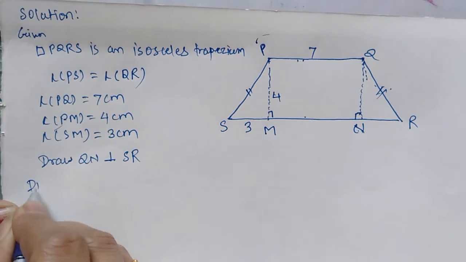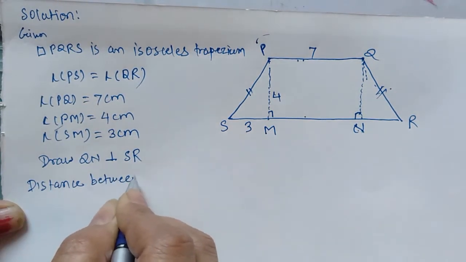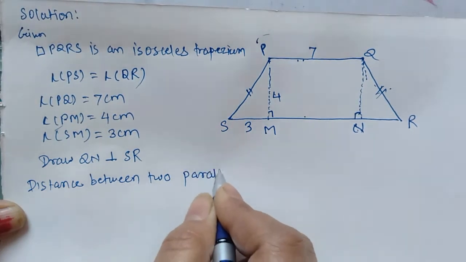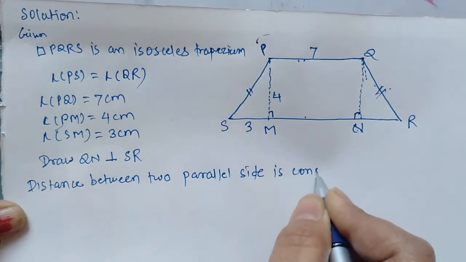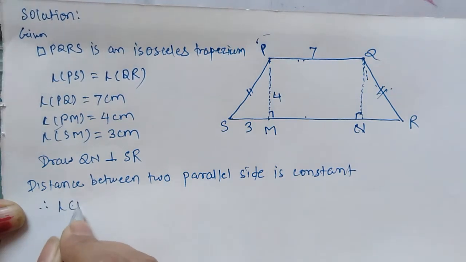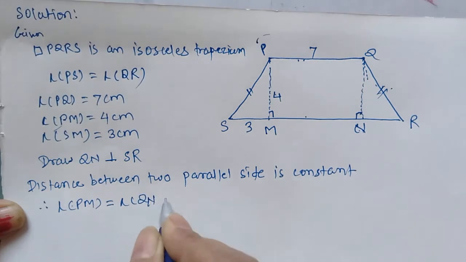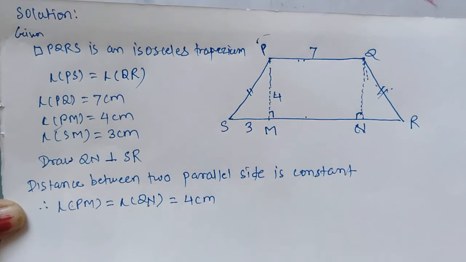So write down distance between two parallel sides is constant. Therefore length of PM is equal to length of QN is equal to 4 centimeter.